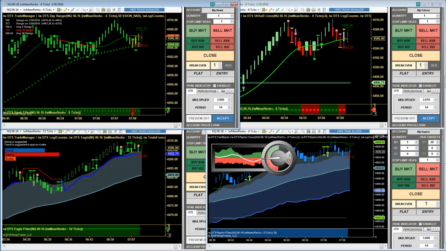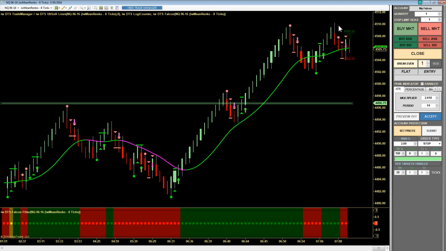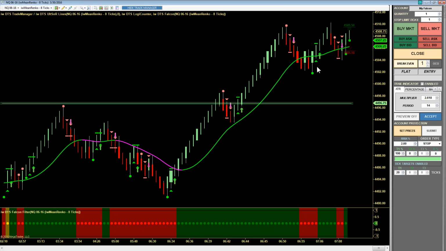Almost like a little itty-bitty double top. See here? So obvious resistance to going higher around the 45.10 mark.